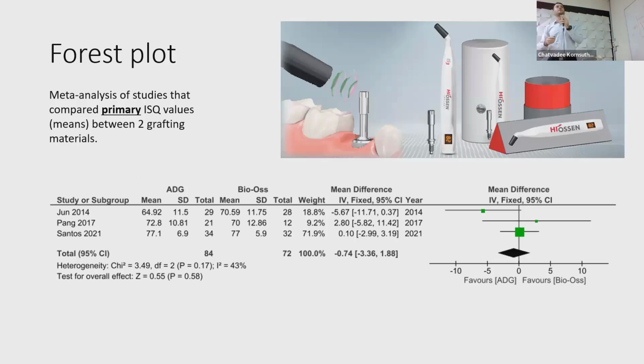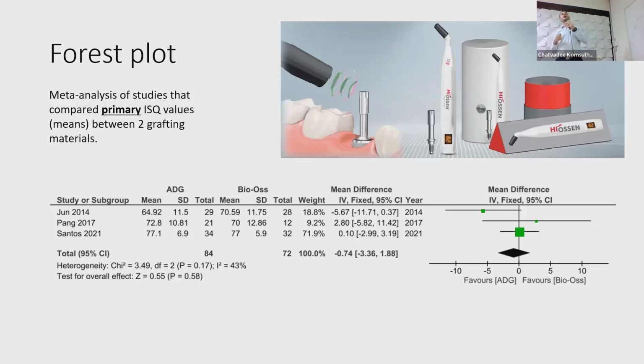Implant stability means how stable, how tight the implant is. Is it shaking or is it stable? We measure implant stability using this device. We just put it near the implant and it gives us a number. And the higher the number is, what does it mean? Better or worse? Better, yes, it means the implant is more stable. The implant is actually tight.